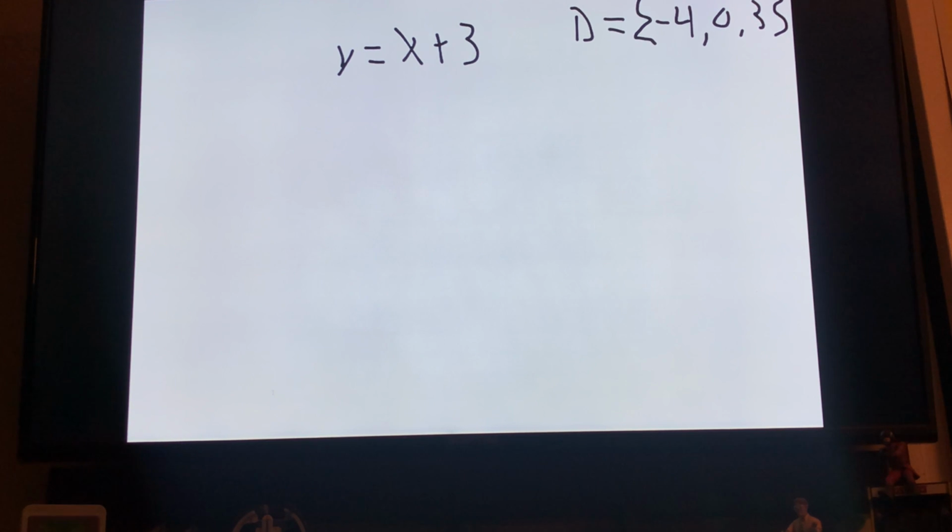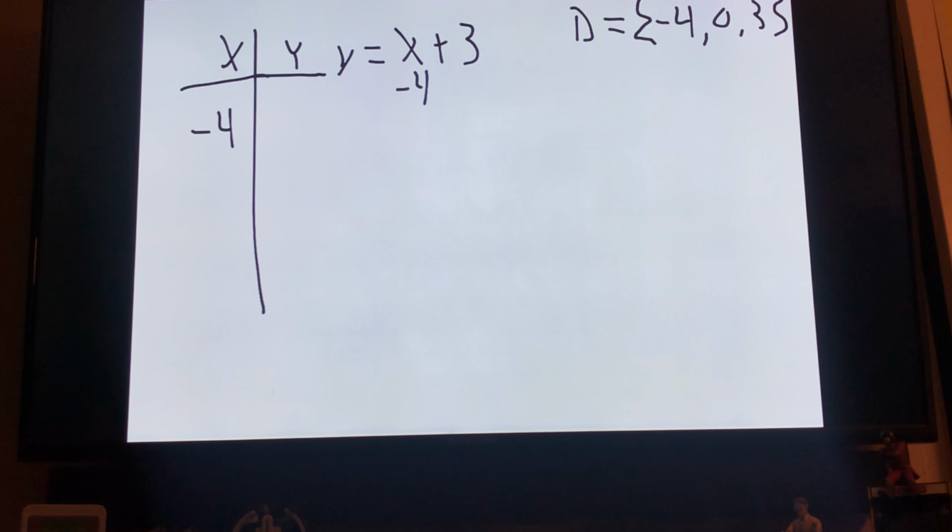Alright, so with that being said, what am I going to do? The same thing that we did previously. We already know what our x is, okay? So we're just going to be putting these in. Our first x is going to be negative 4. But we're going to place the x also in our equation right here. So we put in negative 4 to get our y.